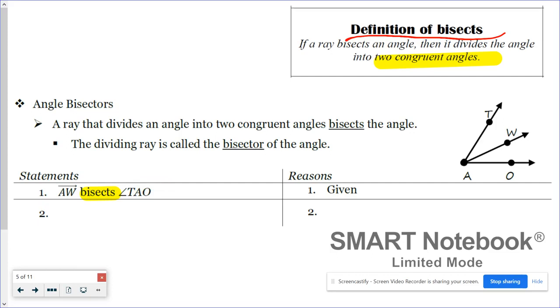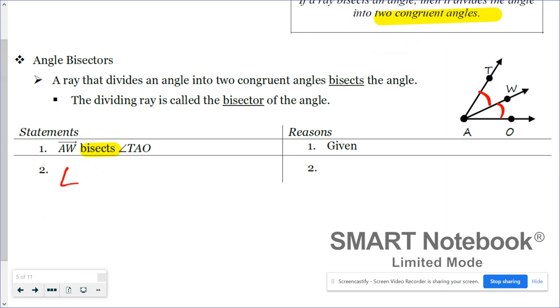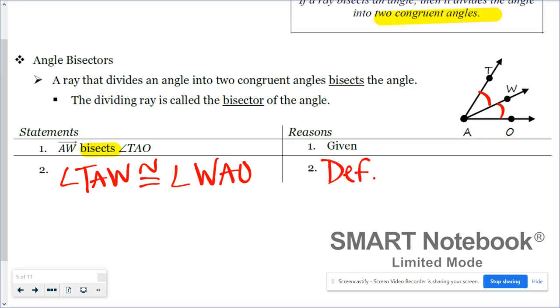So I can conclude that I have 2 congruent angles. So when I look at my diagram, I can easily see, oh, it's these 2 angles right here. I must give them each a 3-letter name. So I'm going to say that angle TAW is congruent to angle WAO, and I'm doing that using the definition of bisects.